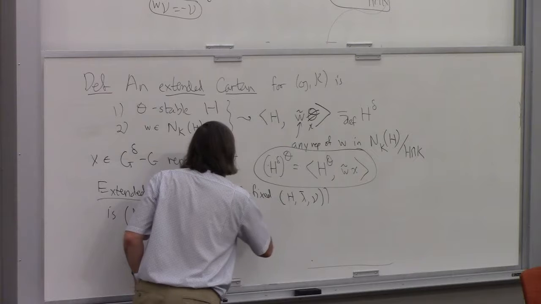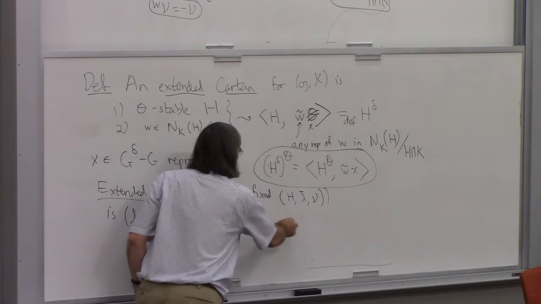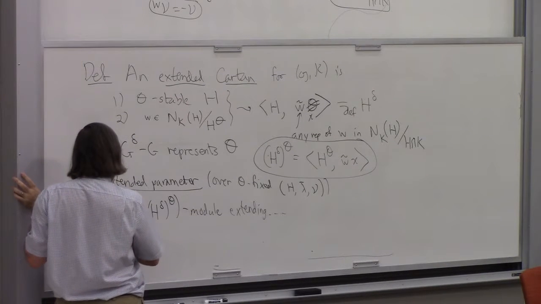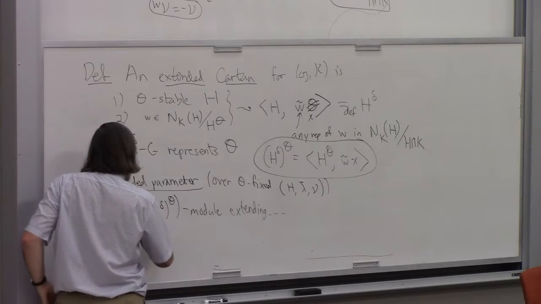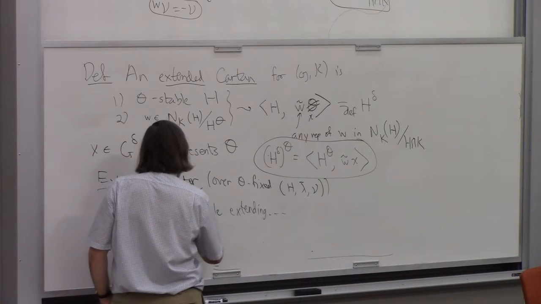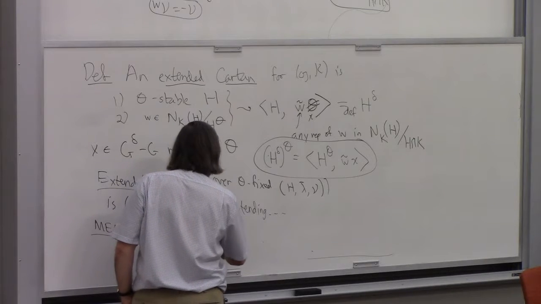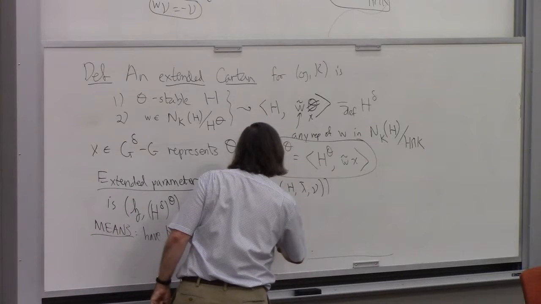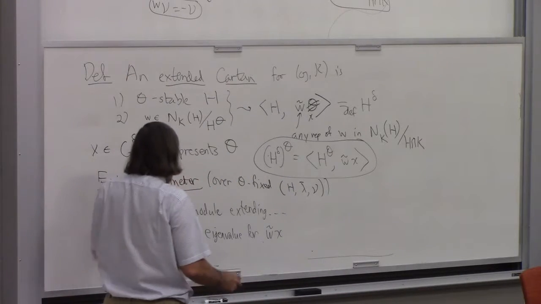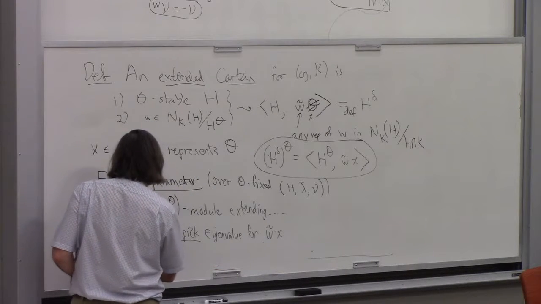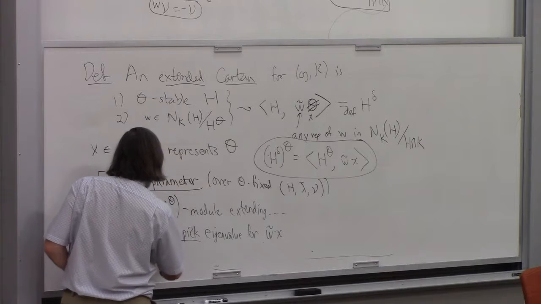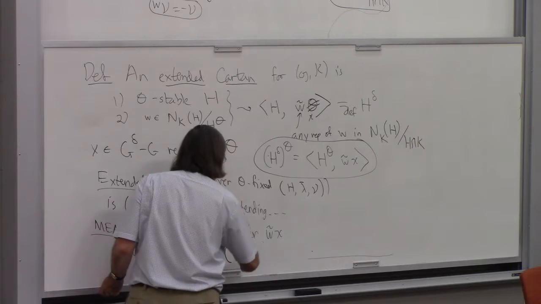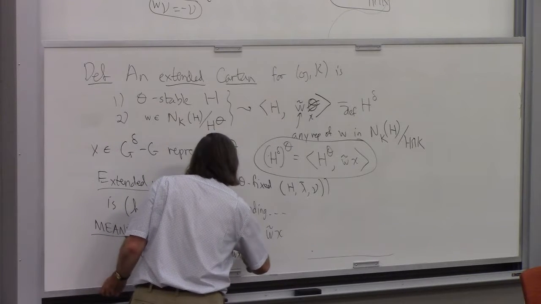Well, extending the one that I started with, and so it means that you have to pick an eigenvalue for this element W tilde X, and it has to be a square root of lambda bar evaluated at W tilde X squared.